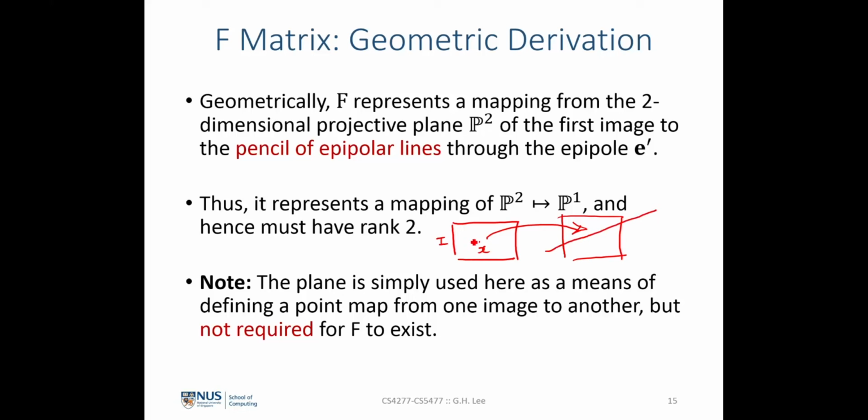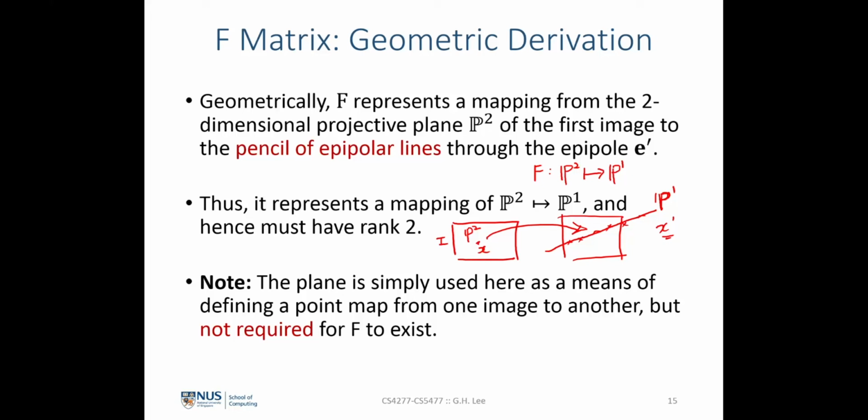We are mapping a two-dimensional projective space P2, because it's a point that lies on a plane, and now we are projecting this x to be anywhere, which we denote as x prime over here, on this particular line. Since x prime is constrained to the line, we now have a one-dimensional projective space. So a fundamental matrix is responsible for mapping a 2D projective space into a 1D projective space.